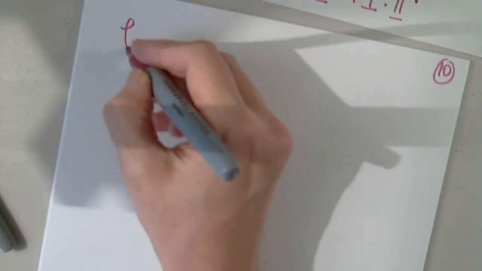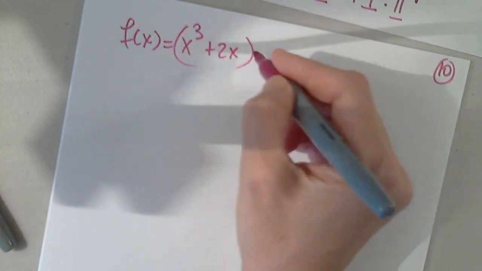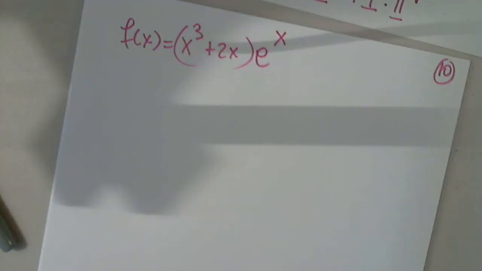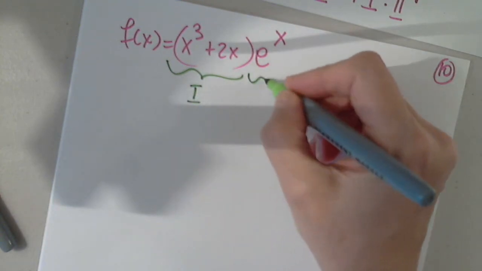Good. So let's look at a couple of examples. Here is f of x equals x to the third plus 2x multiplied by e to the x. So this is a product of two functions. This is my function 1 and this is my function 2.